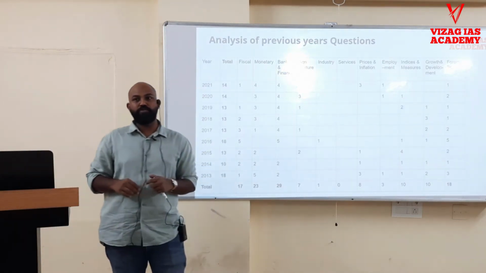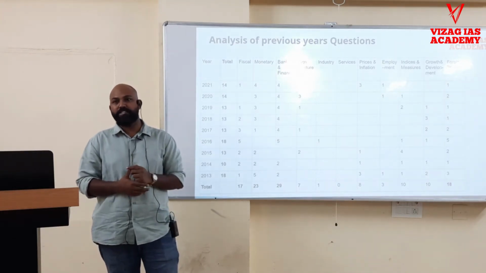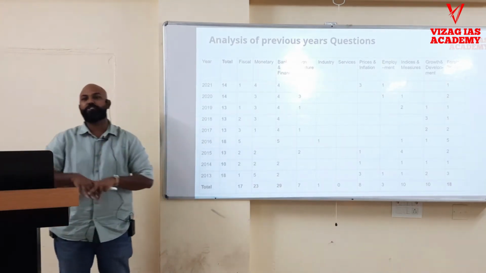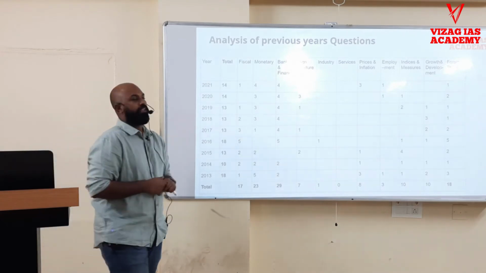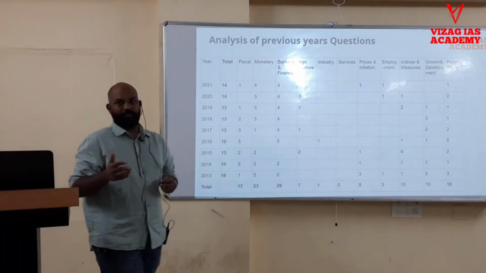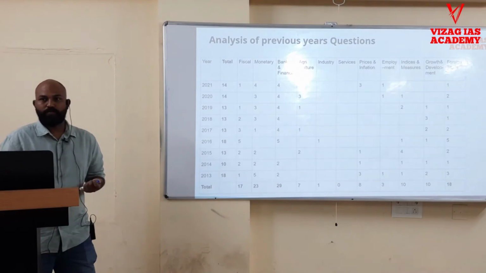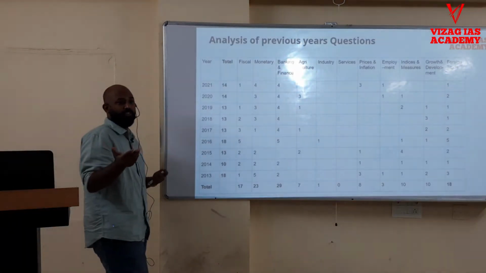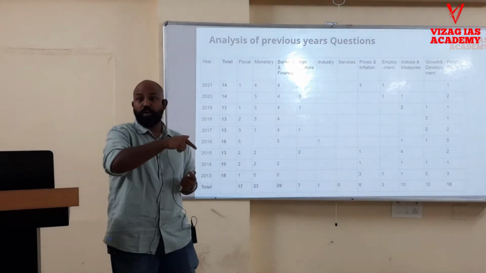If you are able to stabilize the price, for that you need to ensure that inflation is under control. So the goal is price stability. Why do you want to maintain inflation? Because you want to keep the prices stable.